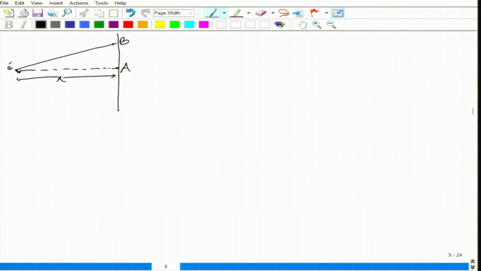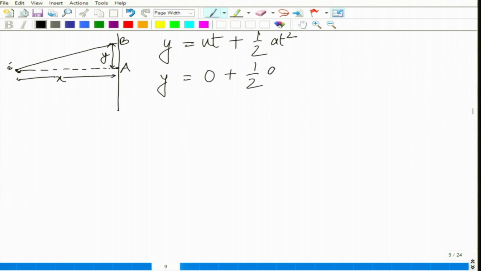We can call this distance y. So we can write this from the laws of physics: y equal to ut plus half of at square. Now the initial velocity was 0. So y equal to 0 plus half of at square.